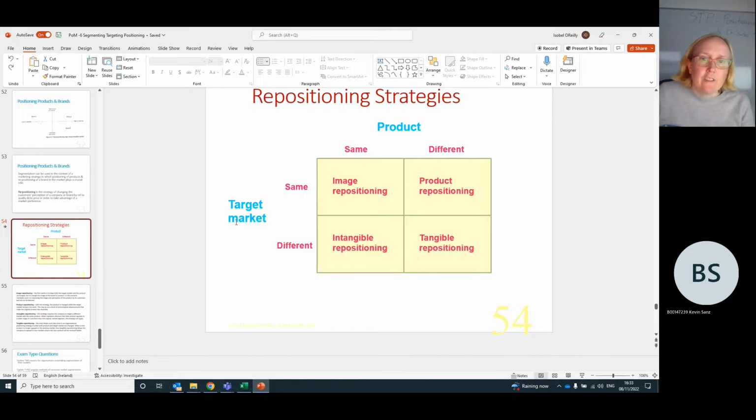And if it's just the people we're changing, but the product is staying the same, it's intangible repositioning. So Bulmers cider, it's probably a couple of decades ago that it went through a repositioning.